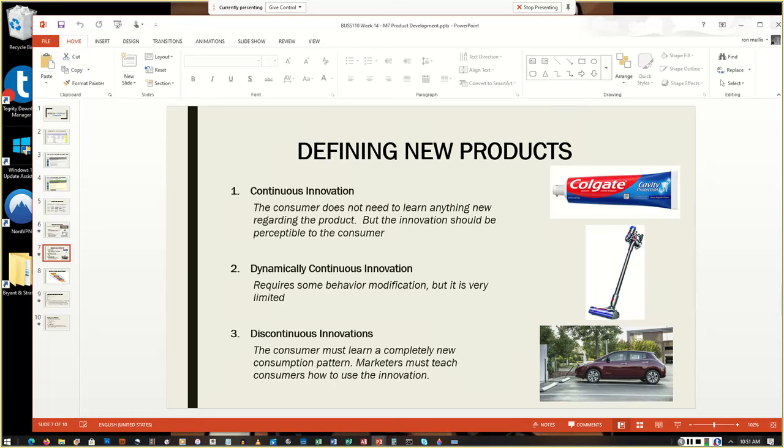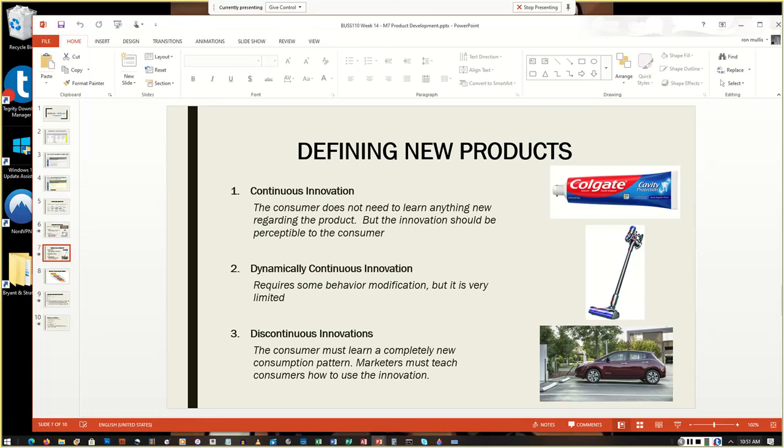When marketing a product like this Dyson stick vacuum cleaner, the marketer must discuss what the product features are, how to properly use the item, and how the innovation is different and gives advantages over other vacuum cleaners.